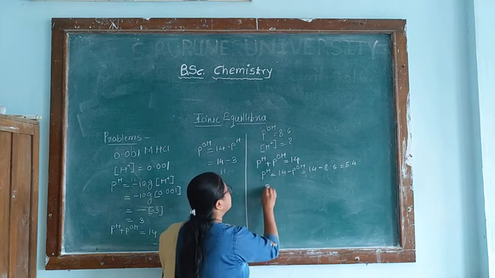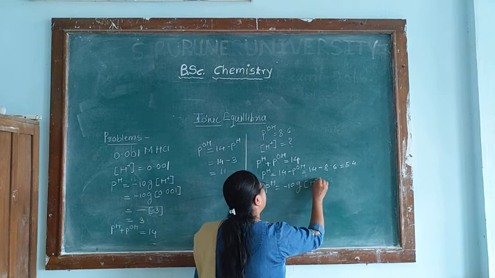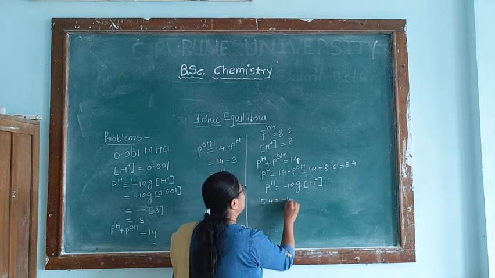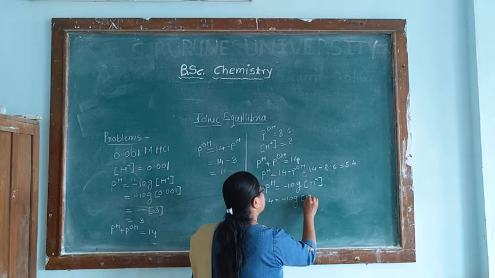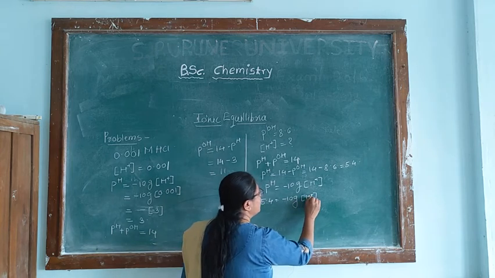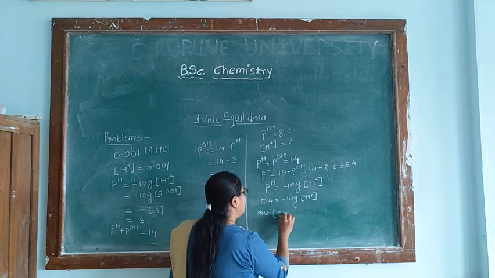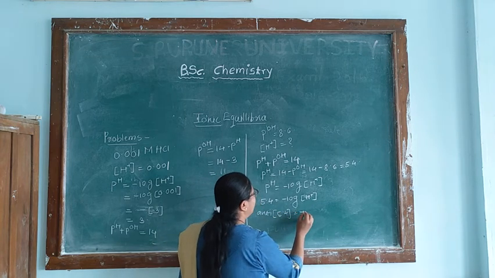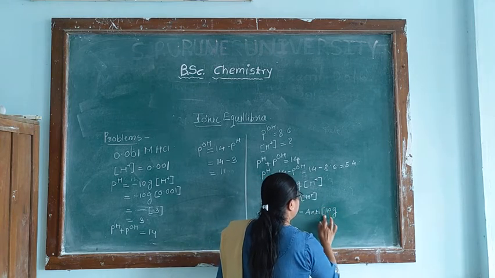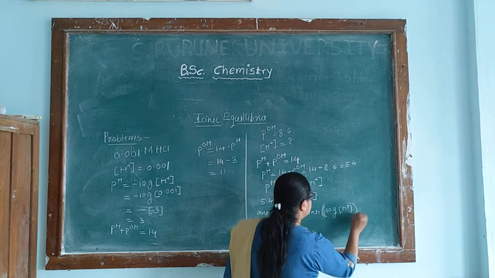So therefore pH is equal to minus log of H plus. So 5.4 is equal to minus log of H plus. Now we want the H plus ion concentration, so we can take anti-log. So log gets cancelled.